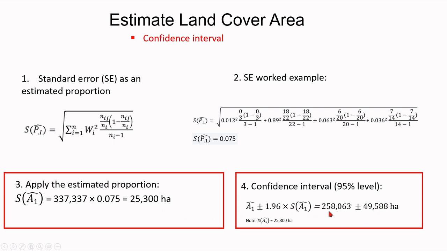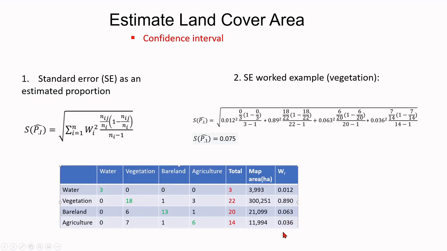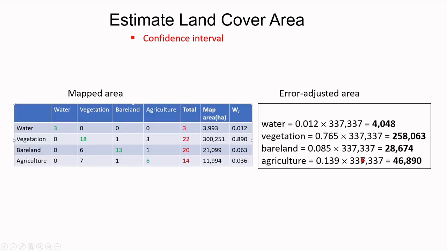And then you ask yourself, where did we get this value from? You get it from previous slides. When you go back, you can see the error adjusted area for the vegetation, which is 258,063.